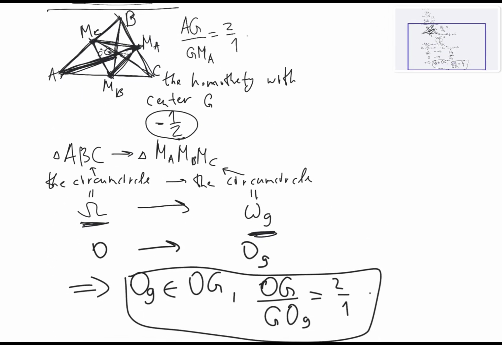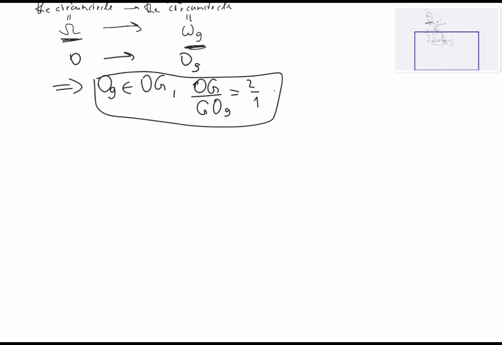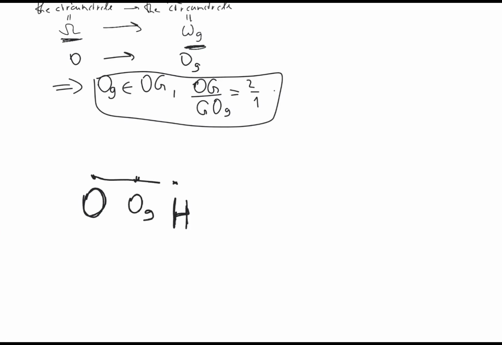So let's draw this separately. I'm not even going to draw the triangle, so we have only the points. Initially we had the point H, the orthocenter, and the point O, the circumcenter, and we established that O9 lies on the same line OH, at the midpoint of this segment.